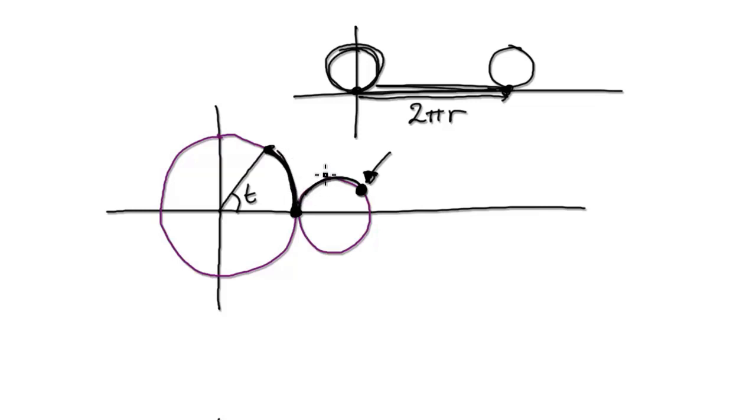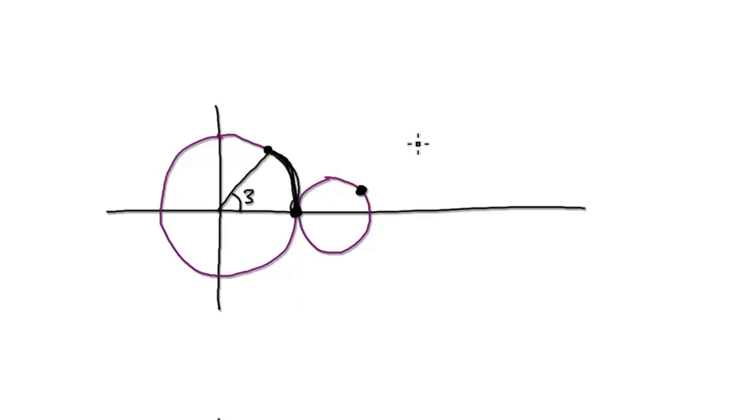If you have two wheels rotating against each other, this distance here will be the same as this distance here. So for a given time, let's say 3 seconds has elapsed, the particle would have moved from here to here. It would have created this arc length.